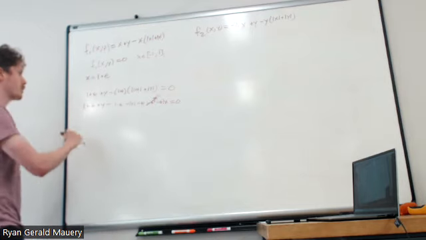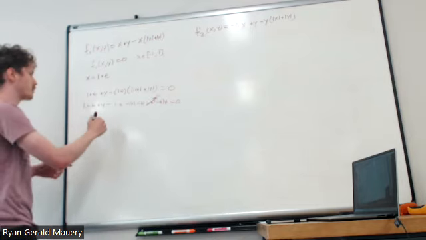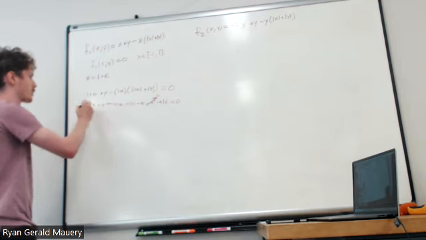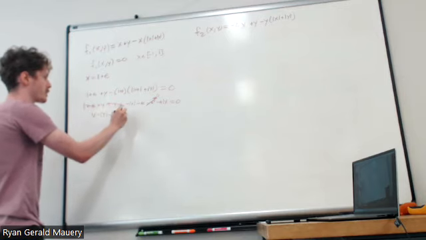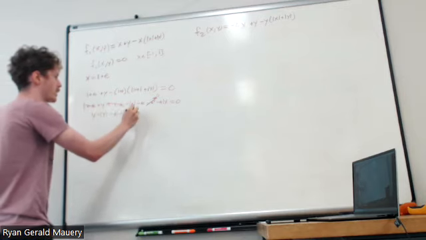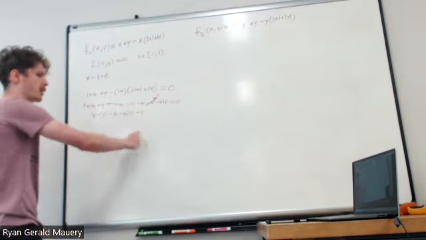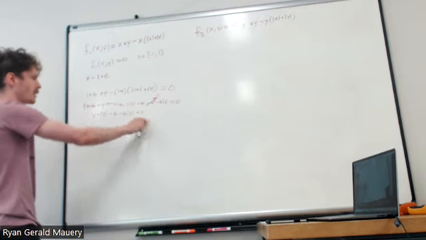And now we go ahead and take care of everything else. So this cancels out with this. We have y minus absolute value of y minus epsilon absolute value of y equals 0. We'll put this on the other side and factor out the epsilon.